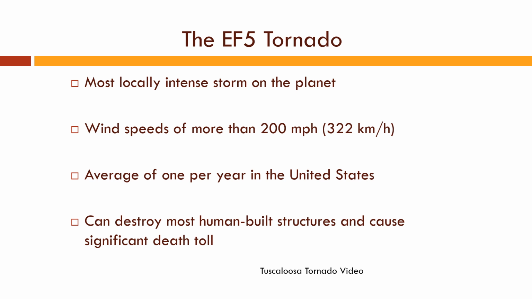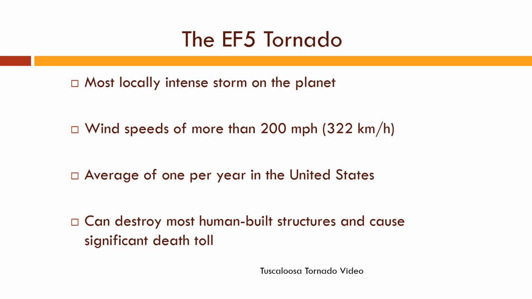We can have wind speeds of more than 200 miles an hour. This is spinning at 200 miles per hour. On average, we get about 1 per year in the United States. But bear in mind that that's an average. There have been a number of times when we have gone multiple successive years without a single EF5. And then occasionally we have years where we get a bunch.